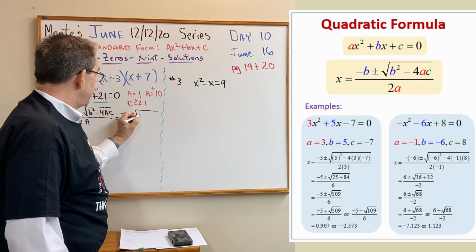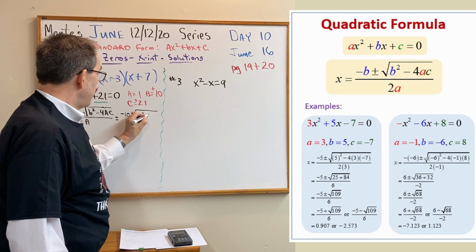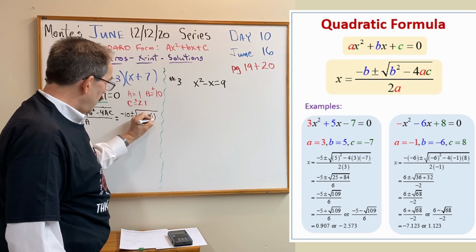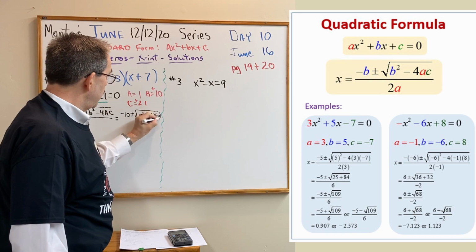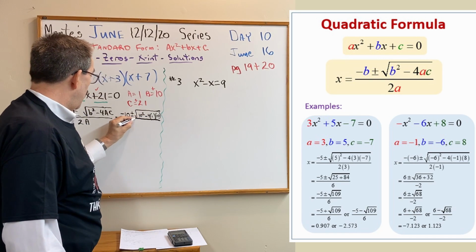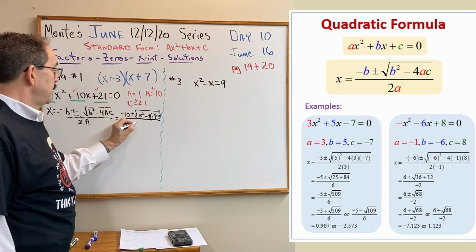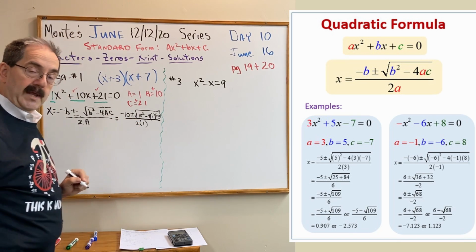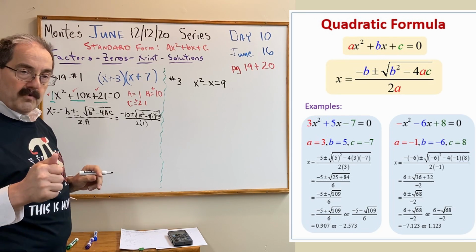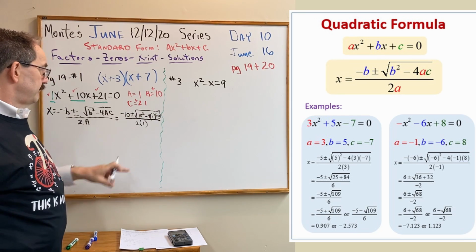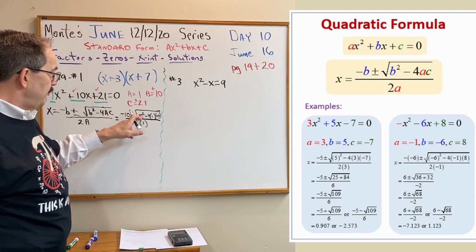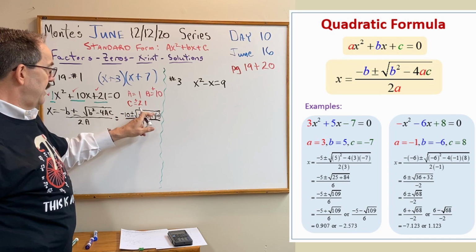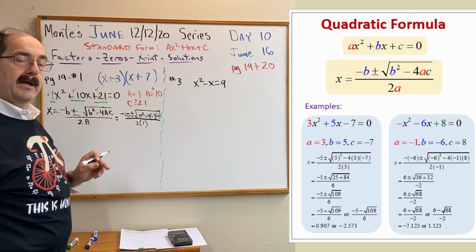Square root 10 squared minus 4 times 1 times 10, all divided by 2 times a. Okay? Don't do it all at once. Write it out. Opposite of b, b squared, 4 times a times c, all divided by 2 times a.